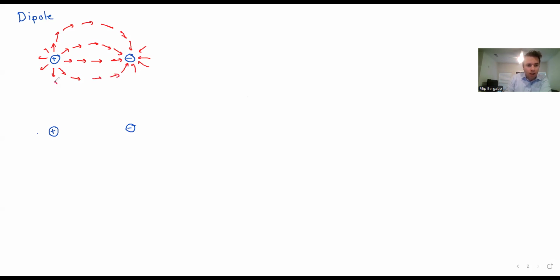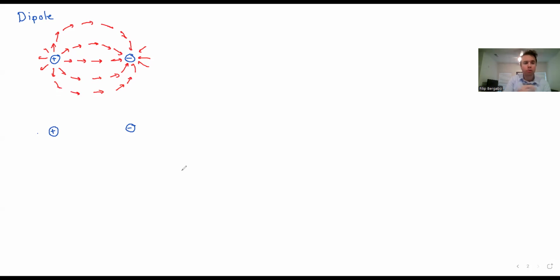And this is kind of like a picture you've probably seen at some point in your life as well. If you've ever played with iron filings and magnets, you probably saw something similar to this kind of structure. And we'll talk about magnetism later, and we'll see that indeed the structure is very similar. Now let's imagine doing the same thing, but with the field lines in the diagram below it.